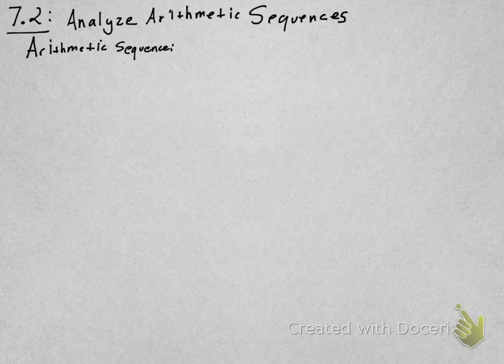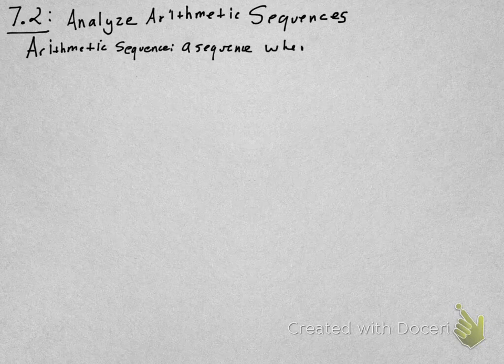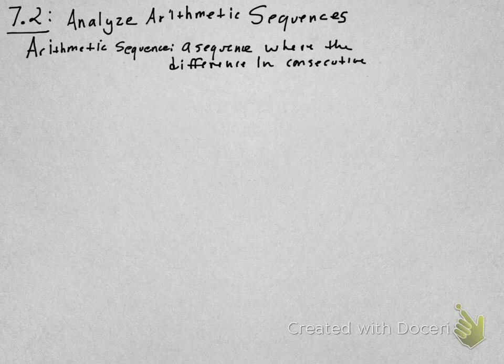In this video, we're going to analyze arithmetic sequences. To begin with, let's define what an arithmetic sequence actually is. It is a type of sequence where the difference in consecutive terms is the same or constant.